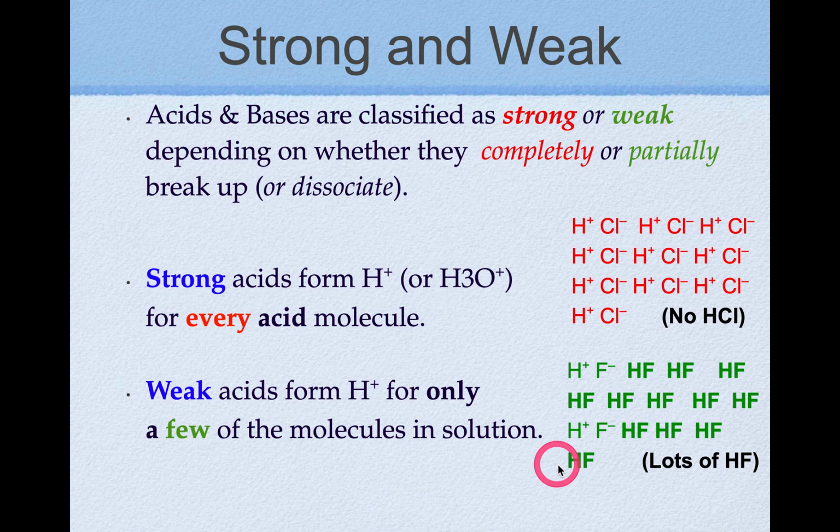So our terminology for strong is an acid that separates completely when in solution, and our terminology for weak is that most of the molecules have remained together, and only a few of them have the reactive H plus available for reaction.